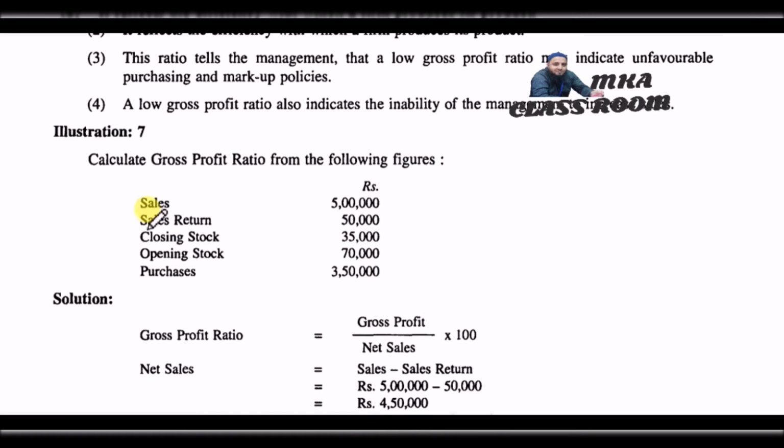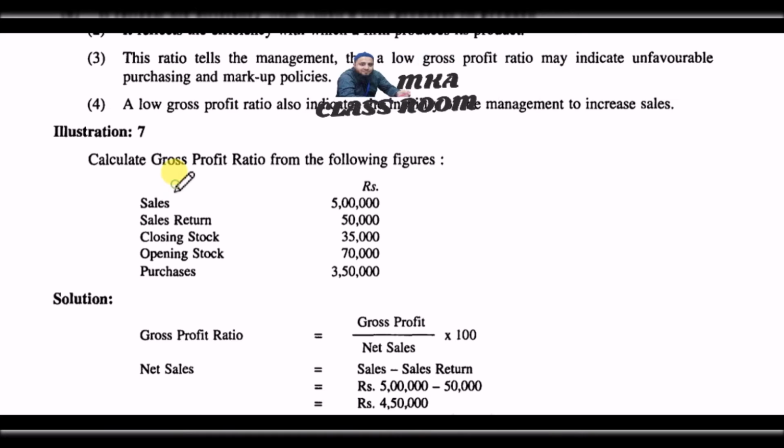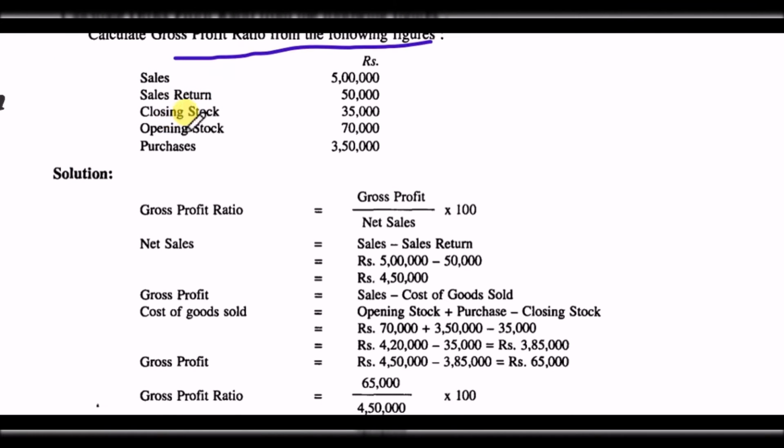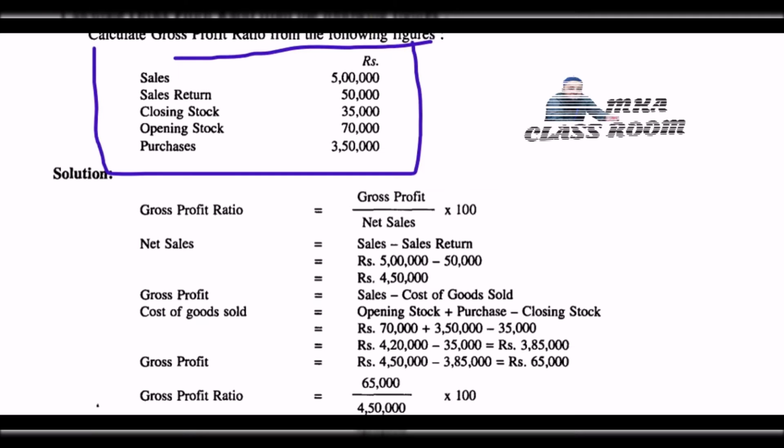And here as an example, calculate the gross profit ratio from the following. Here we have the sales return, closing stock, opening stock, and purchase. This is our information. From this information we have to calculate the gross profit ratio.